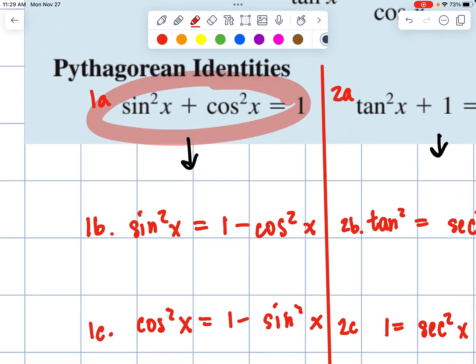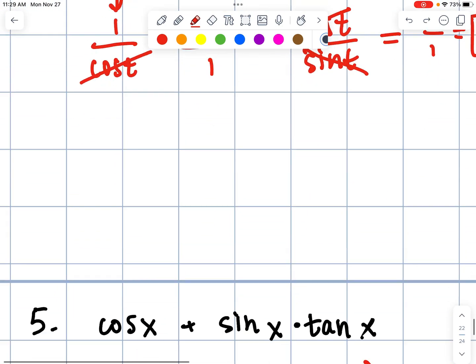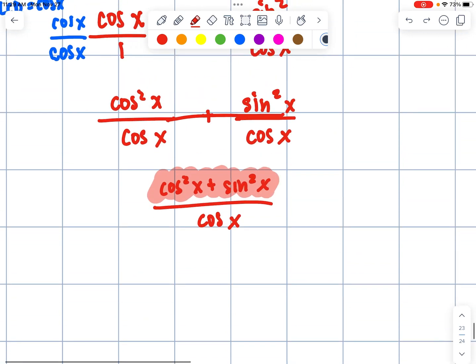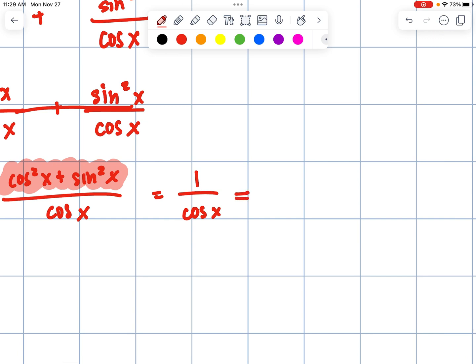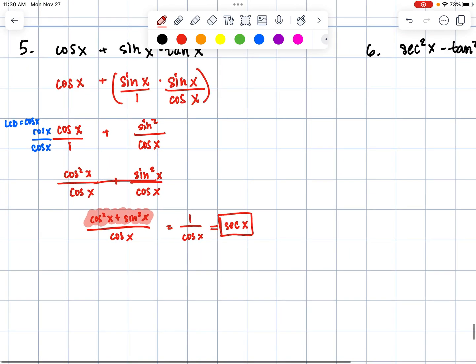There's our 1a. Cosine, sine, it's written in a different order, but it's the same idea. So we could rewrite this technically as 1 over cosine x, which is technically the reciprocal to cosecant. I'm sorry, secant. And this is our final answer.